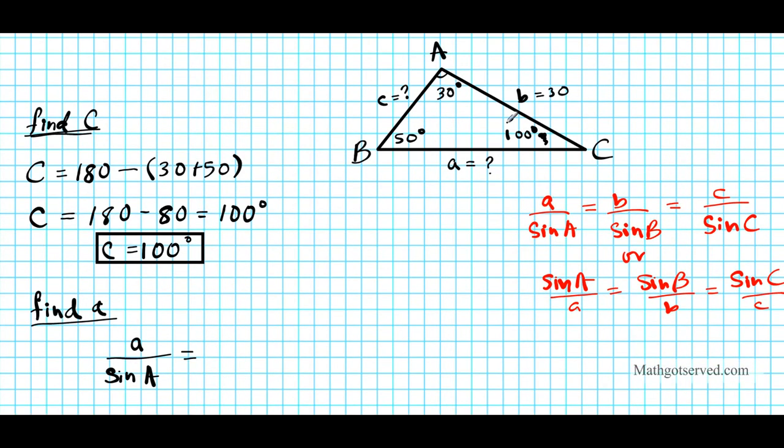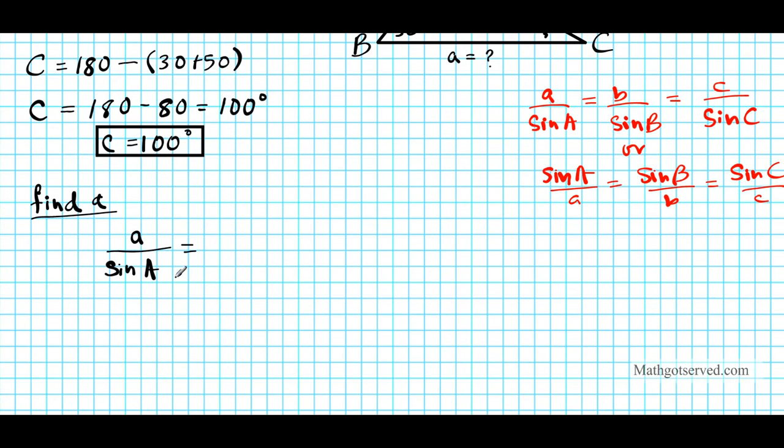That's why I said since we have a pair that we know here, we can use the law of sines. Since I know big B and little b, the formula I'm going to use is a over sine A equals little b over sine big B. When I substitute, I must have only one unknown in my equation, or else I can't solve it.